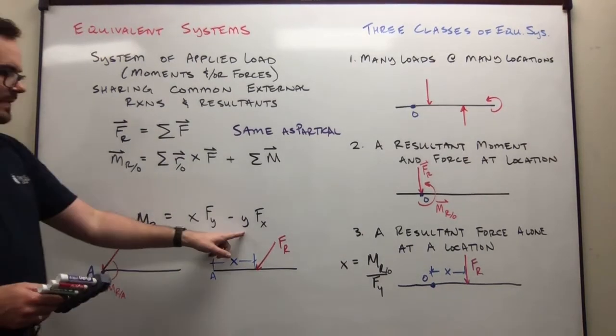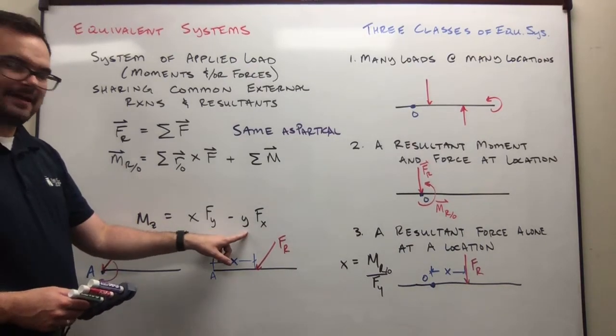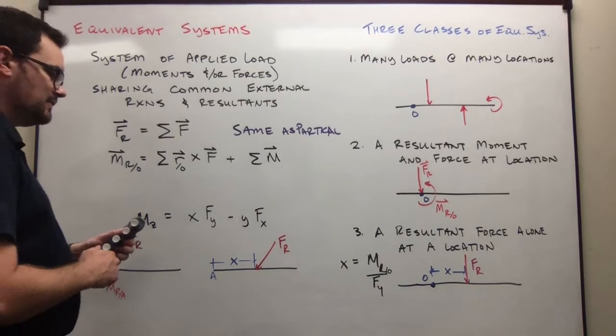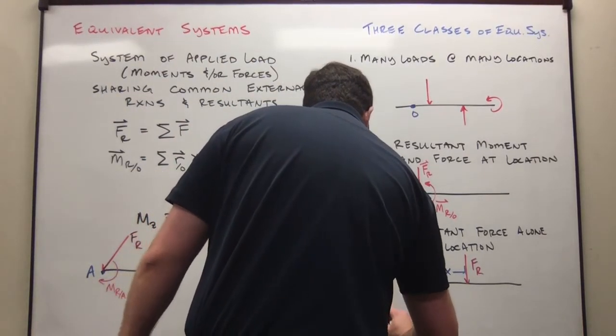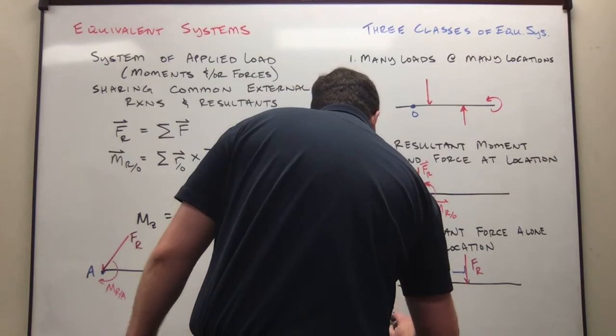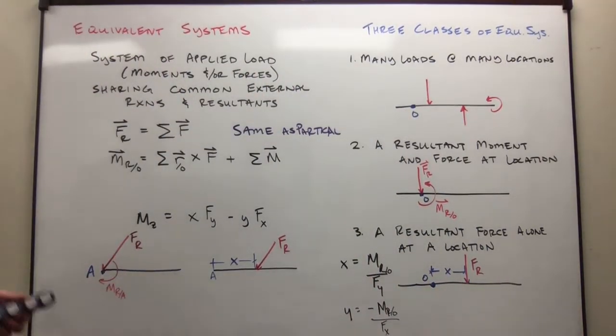Alternatively, I could solve for the y value. So let's say I set my x value equal to 0, and I could solve for the y value. When I do that, my y value will be equal to negative M_R with respect to O divided by the x component. Okay, so in this case, that would give me a negative value.